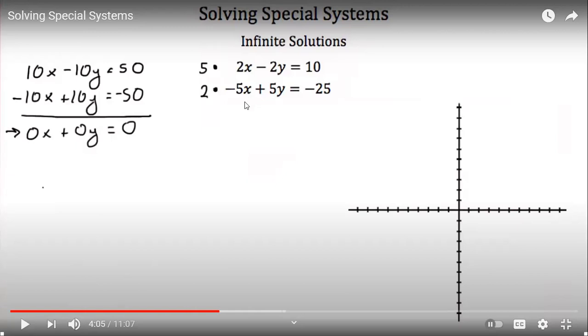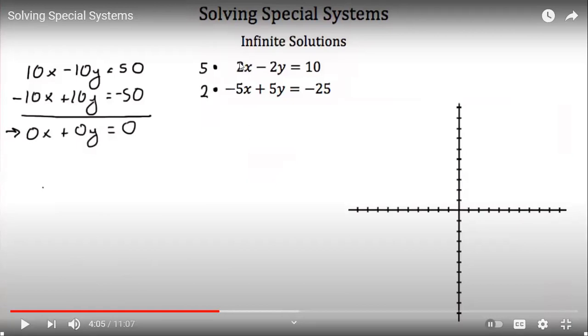In this case, we are going to multiply both equations, the first equation by 5 and the second equation by 2. Why?